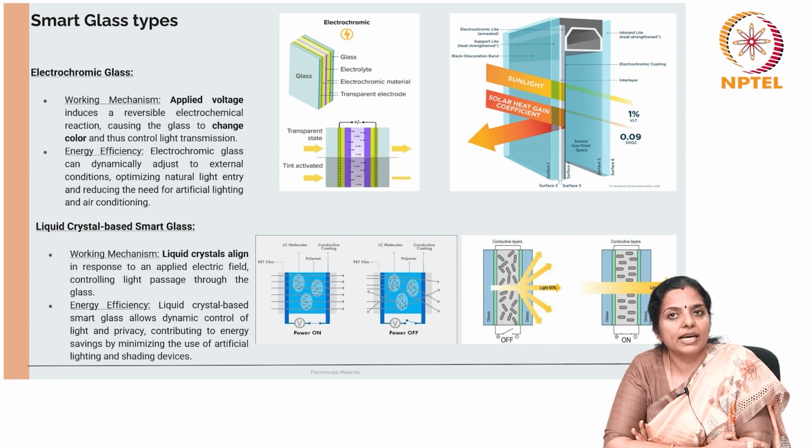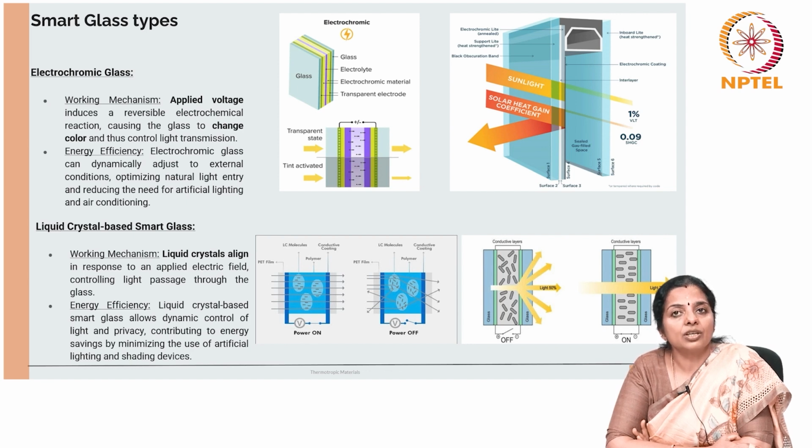When it comes to its energy efficiency, electrochromic glass can dynamically adjust to external conditions, optimizing natural light entry and reducing the need for artificial lighting and air conditioning.